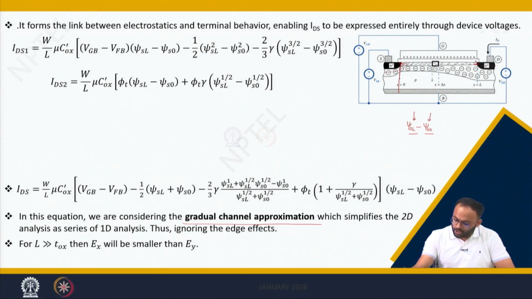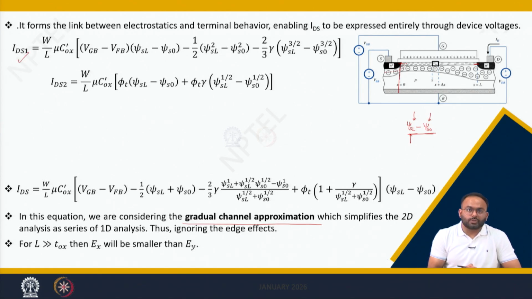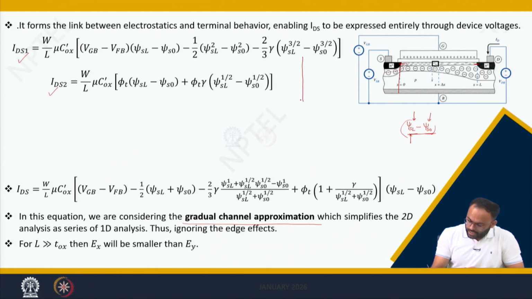Considering the symmetricity of the structure, those edge effects get cancelled, but when we are writing the surface potential in terms of psi SL minus psi S0. Interestingly, if you see in the current equation of IDS1 and IDS2, we can get the psi SL minus psi S0 terms common. Let us analyze the equation number 1 for IDS1. If you see here, I can take out psi SL minus psi S0 from here.